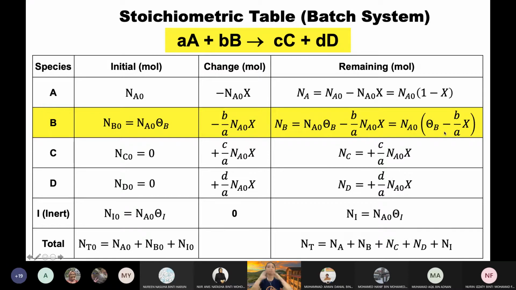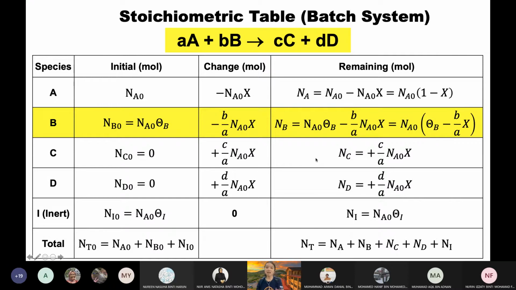Kita take out NA0 dalam kurungan in bracket becomes theta B minus B per A X. So sekarang kalau kamu perasan, kamu dapat perkaitan dalam table kamu sebenarnya semua dalam bentuk NA0 X. Ada sikit theta, ada sikit stoichiometric coefficient. Tapi basically semua dalam bentuk NA0 dan X. Okay, what about C? So C and C.